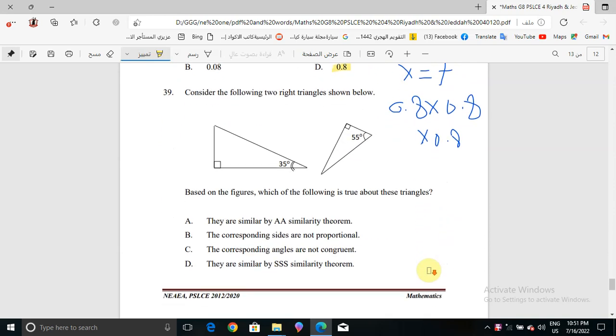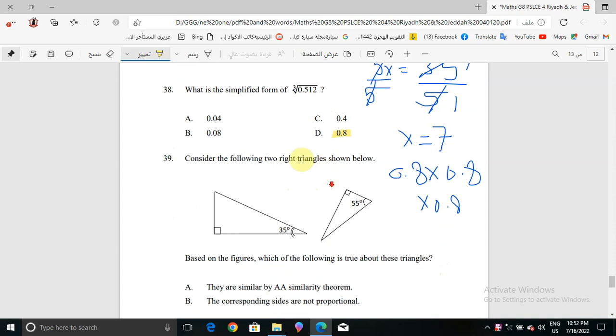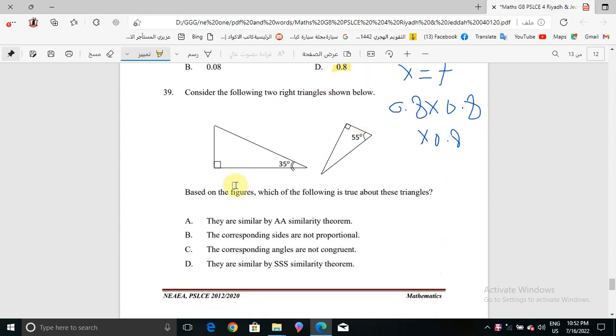Now question number 39, it says: consider the following two right triangles shown below. Based on the figures, which of the following is true about these triangles? We have: they are similar by the angle-angle similarity theorem, or the corresponding sides are not proportional, or the corresponding angles are not congruent, or they are similar by the side-side similarity theorem.